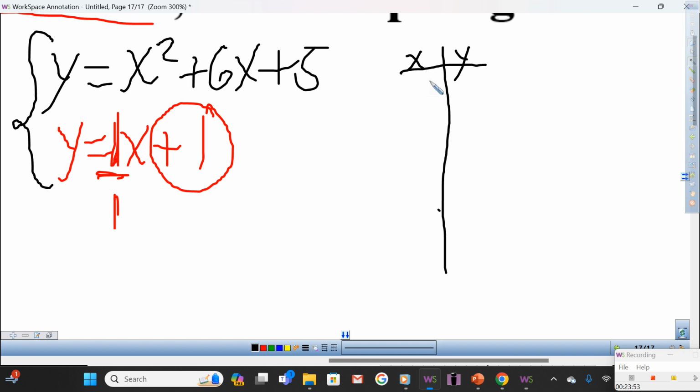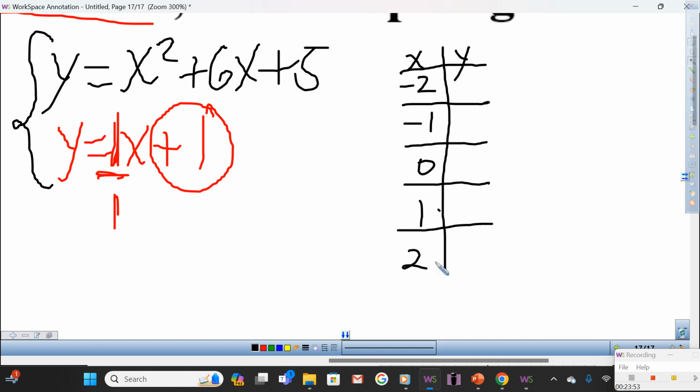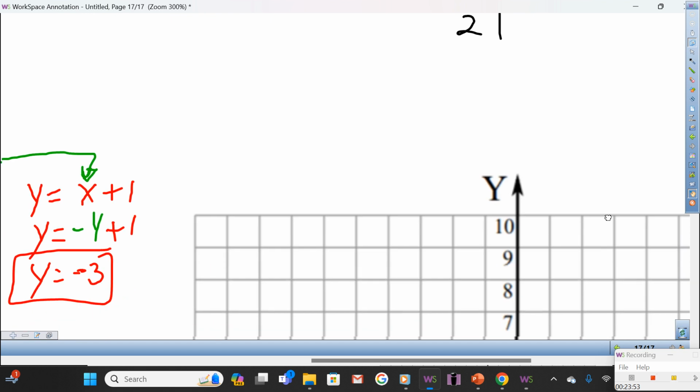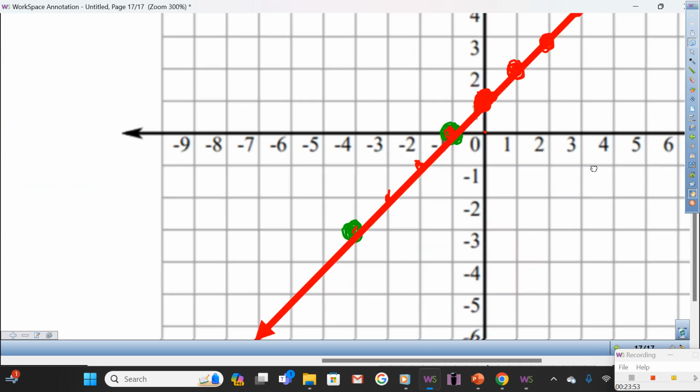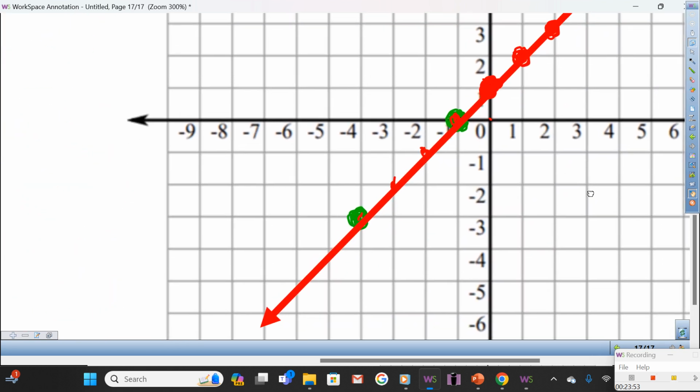Yeah. Tell your neighbor the domain we're going to use. What's the domain? Everyone? -2, -1, 0, 1, 2. All right. Let's see if with those values, look up, guys.